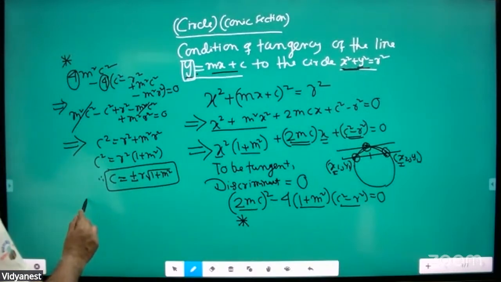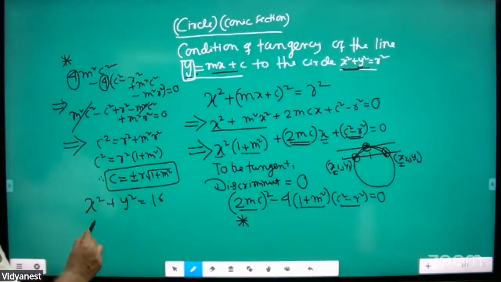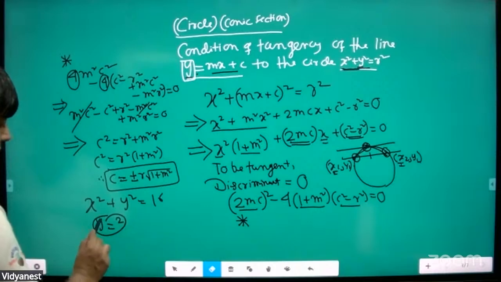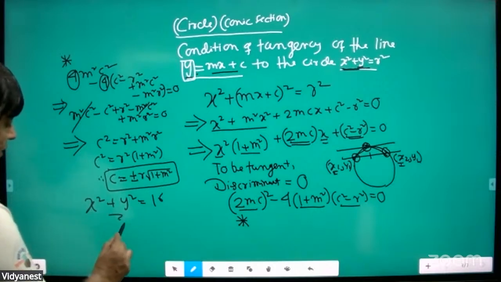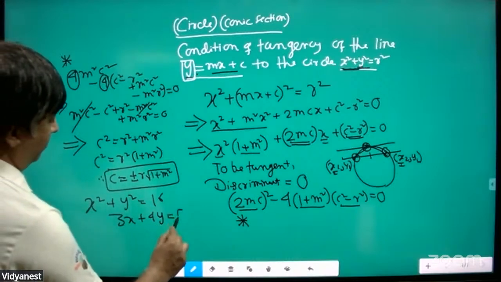Yes, sir. Suppose one equation is given, x square plus y square is equal to 16, and the line 3x plus 4y is equal to 5.